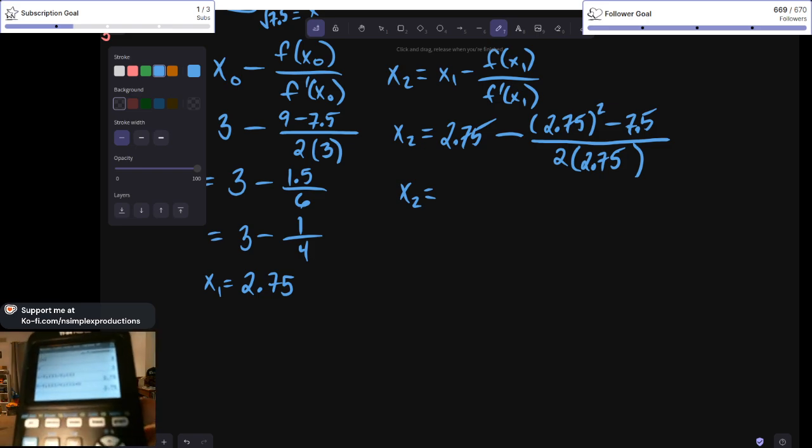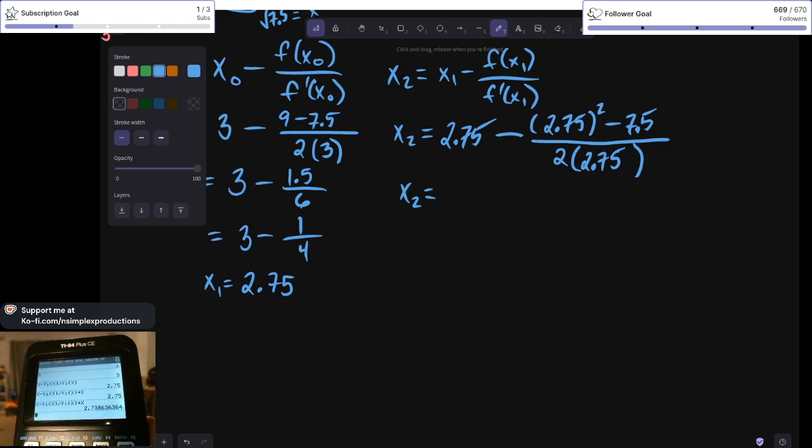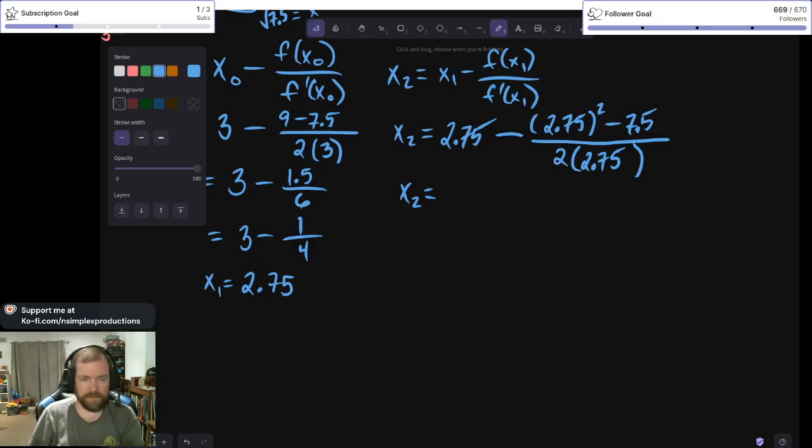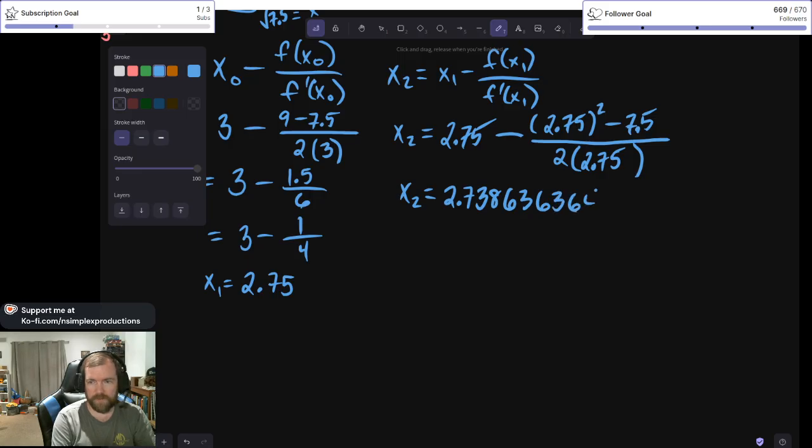And we end up with a value of 2.73863, more stuff after that. So y2 is going to be 2.73863634, and actually, that's just 6-3 repeated.